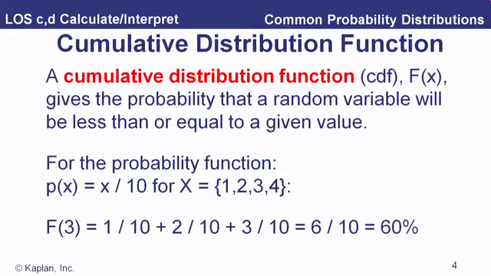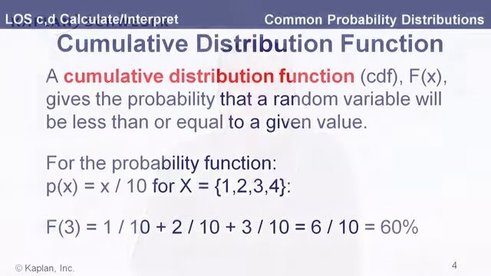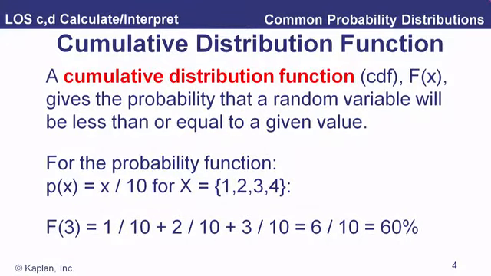Now, a cumulative distribution function. Remember we talked about cumulative distributions previously, and we're saying, well, the cumulative distribution function gives the probability of being less than or equal to a particular value. So for our probability function, p of x, F of 3, and that's our notation for the cumulative distribution function.